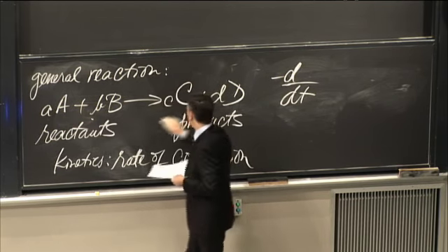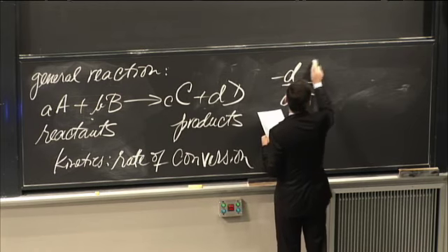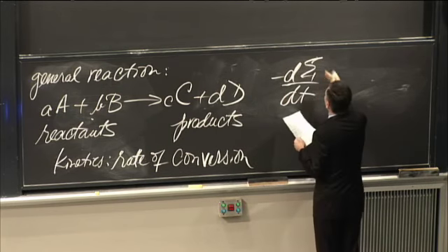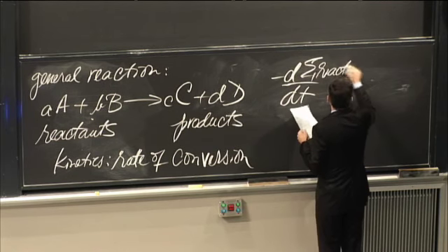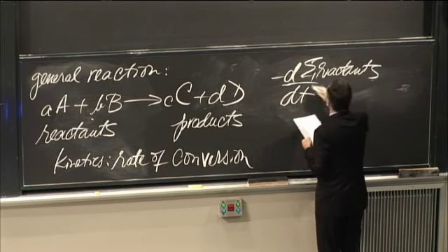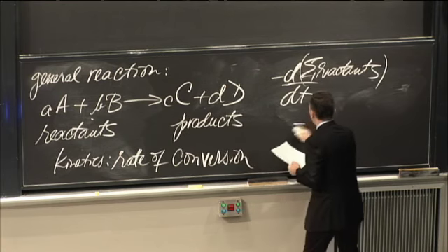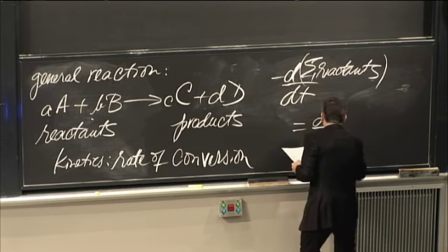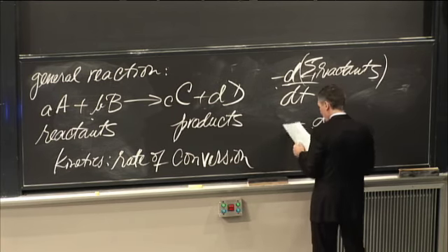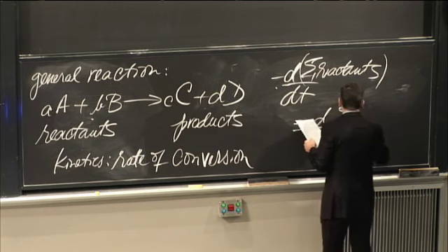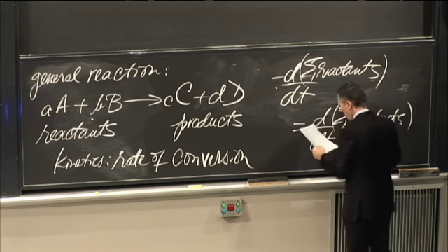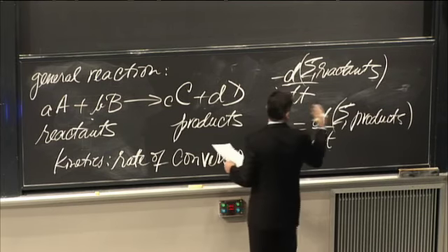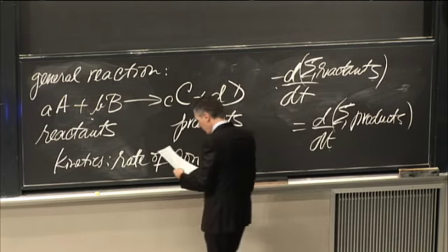When I lose reactants, I make products. So I'm going to say the rate of change of the total mass of the reactants, this is a summation sign. I'm just saying the rate of change of the sum of all of the reactants must equal the rate of change. So the loss rate of reactants must equal the gain rate of all of the products. That's just simple stoichiometry, or some people call this conservation of mass or law of mass action, what have you.